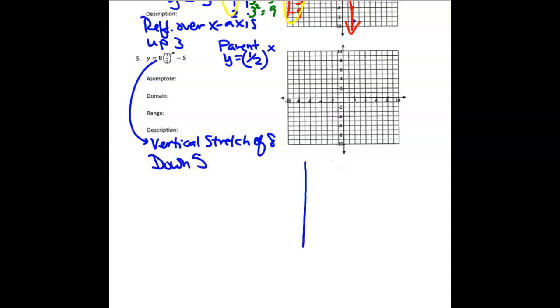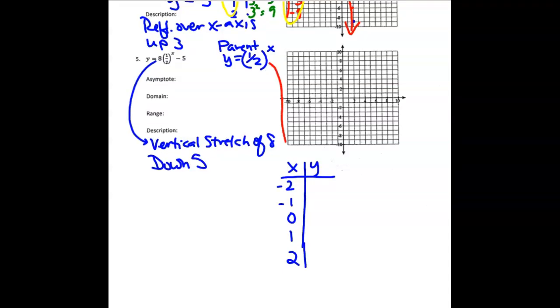All right, so let's make a table of values. Remember, we start with -2 and go up to +2. Just looking at our parent function here, okay, y equals 1/2 to the x power. So 1/2 to the -2 power means we're going to flip that and square it.